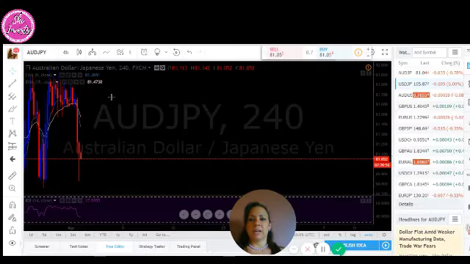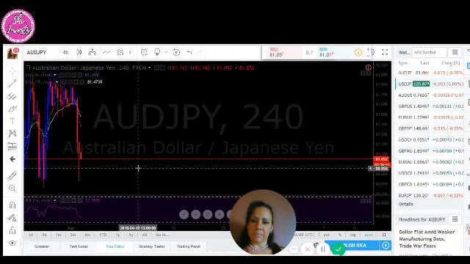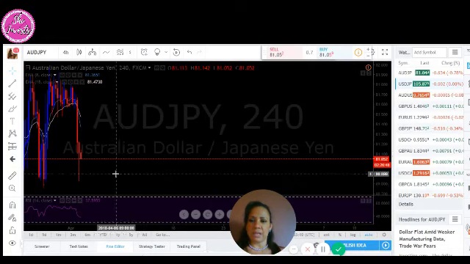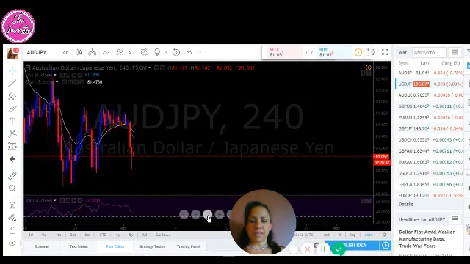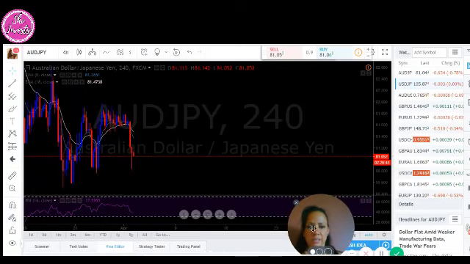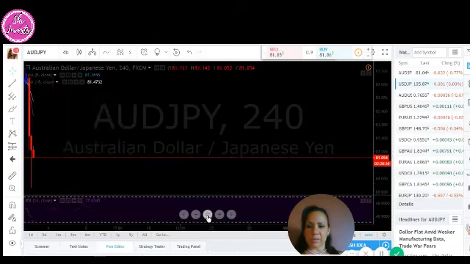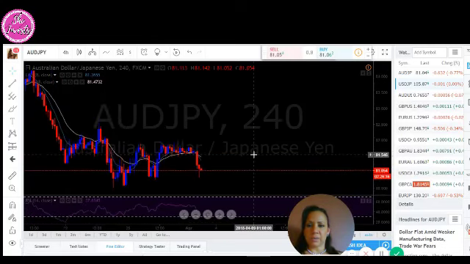Here you can see the pair, CADJPY. I have my backdrop black. I just like it like that because for me, it feels like I can see better. I'm going to hit this circular button here. This is a reset. Let me move my face over a little bit. I'm going to hit this refresh button. It's going to refresh my window.